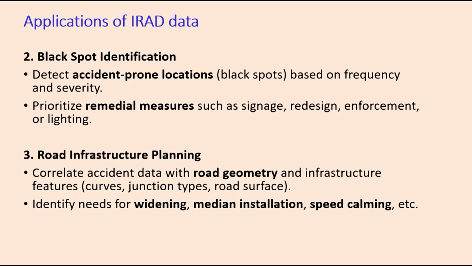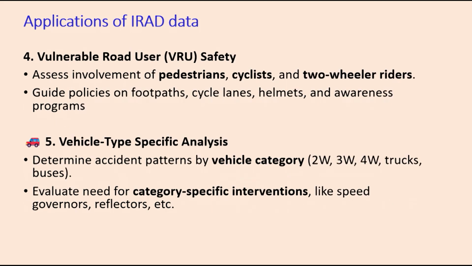You can plan corridor-wise and see how accidents are distributed, and based on the cluster density of accidents, you can decide which geometry needs to be improved. Based on the frequency of accidents, if you see more accidents happening in a particular corridor and you invest money there, maybe the return will be more in terms of safety improvement.